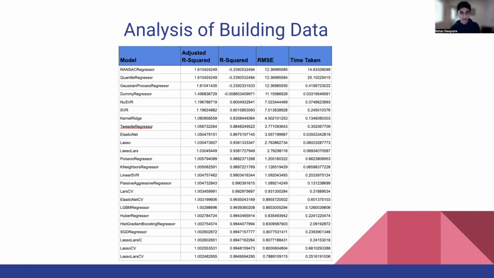And it provided all the necessary parameters. It provided the adjusted R squared, the regular R squared, the RMSE, which I'll get to later in a couple of slides, and the time taken to produce said results.